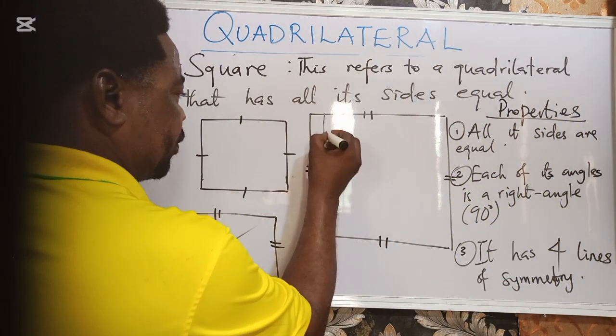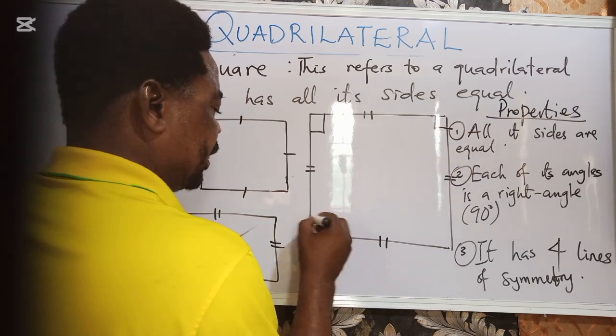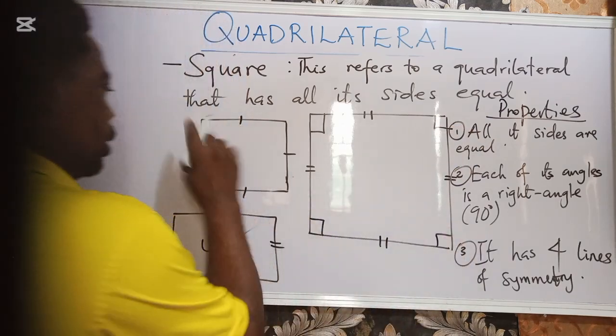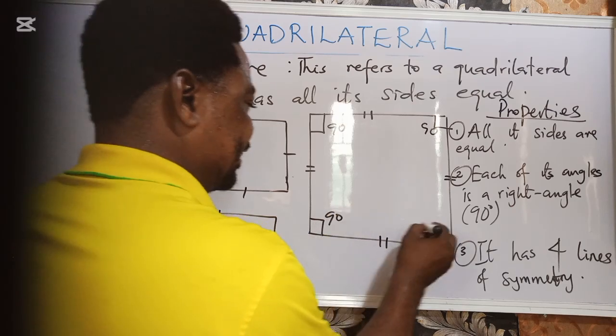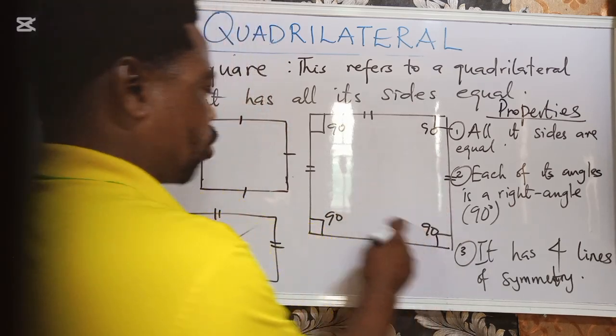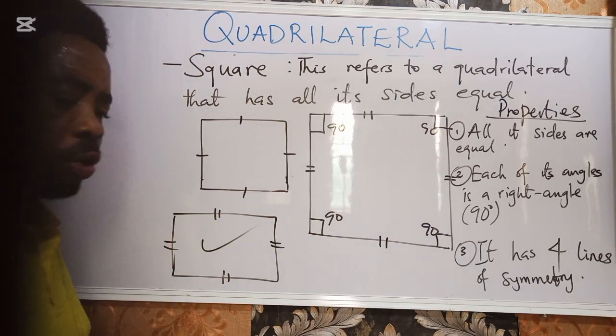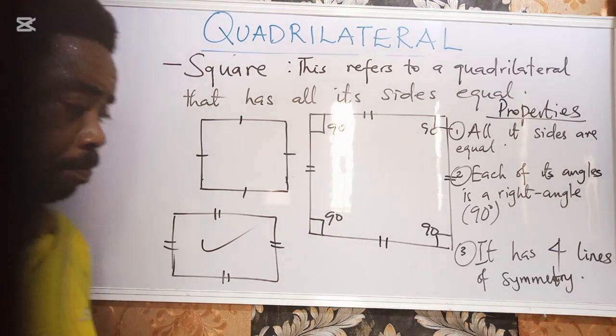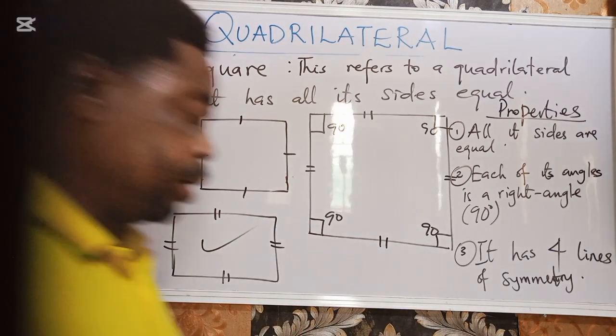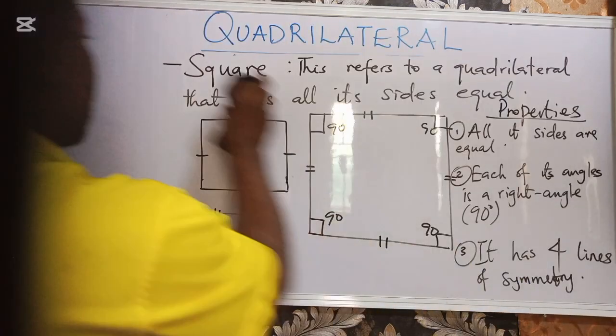Now look at it. This is a right angle, this is a right angle, this is a right angle, this is a right angle. That is it. And this is 90, 90, 90, 90. This is giving confirmation to the fact that the sum of the interior angles will give us 360. Let's go to the next one without wasting our time.